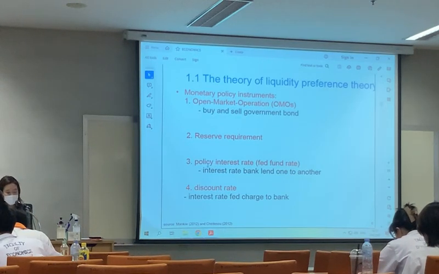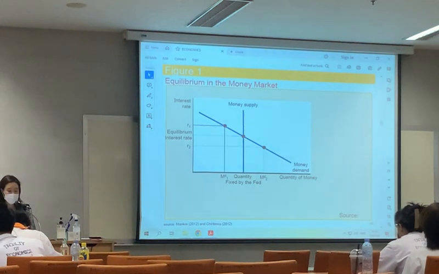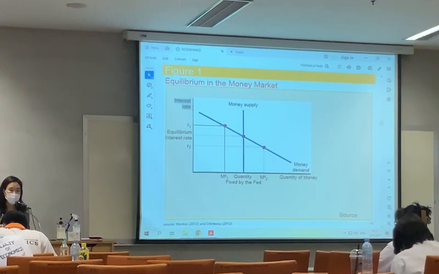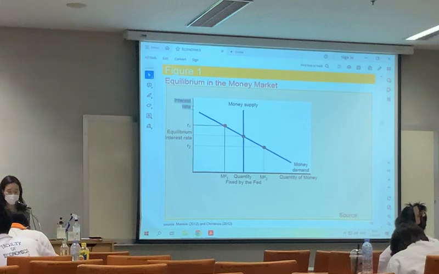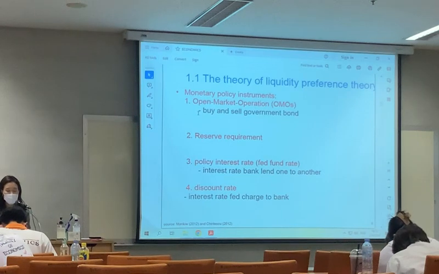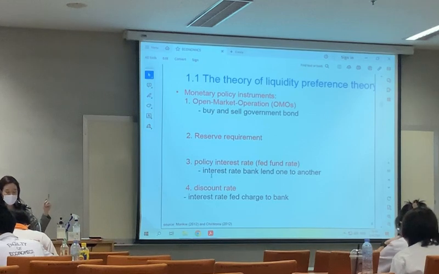Policy rate is different. Take note, this rate is different from this interest rate, because the interest rate here is only the money market interest rate, for example the deposit rate and lending rate. The policy rate is the baseline rate that the central bank picks. If the policy rate increases, what happens to money supply?